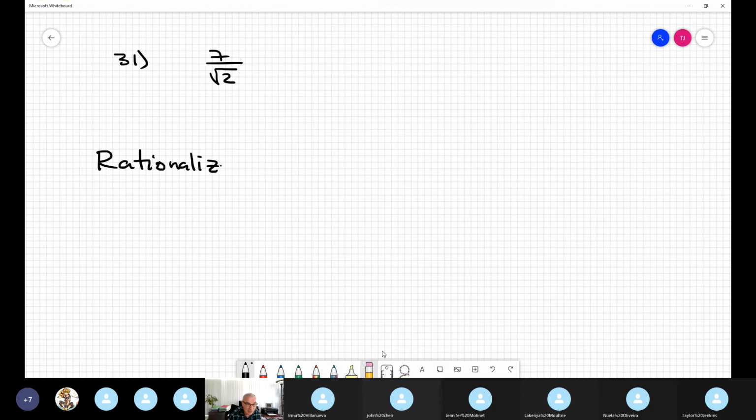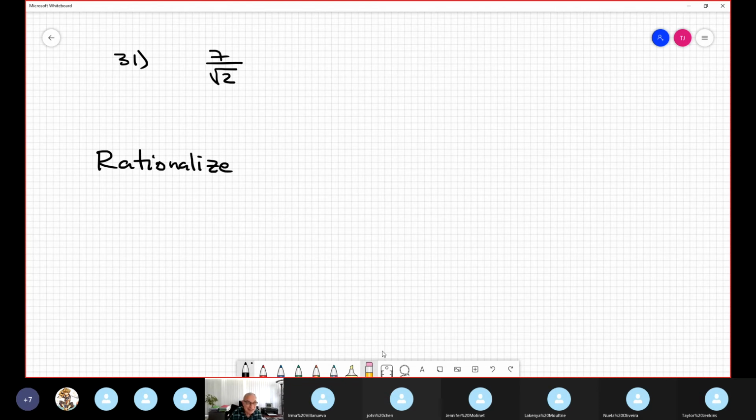What does rationalize mean? We're going to do something to eliminate the radical in the denominator. It's like illegal to express it using the radical in the denominator. So I do something in order to remove the radical in the denominator.